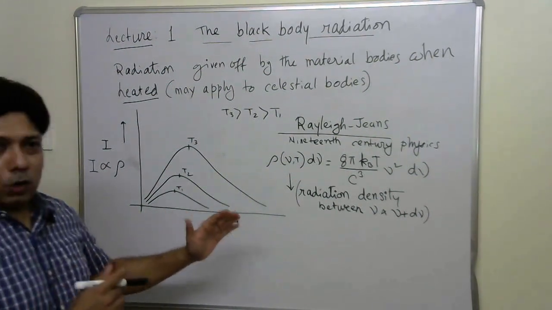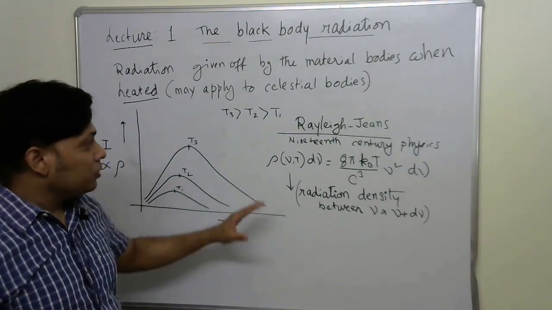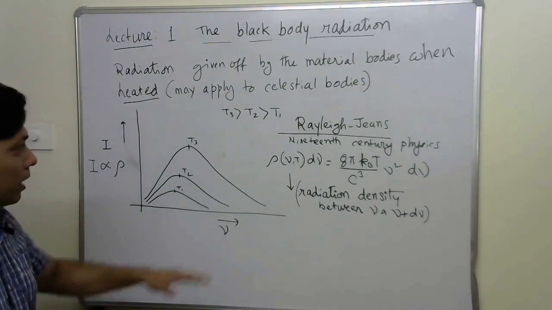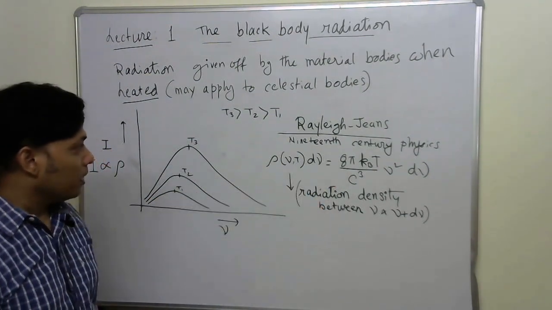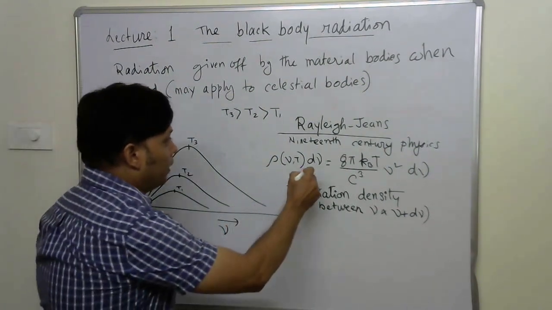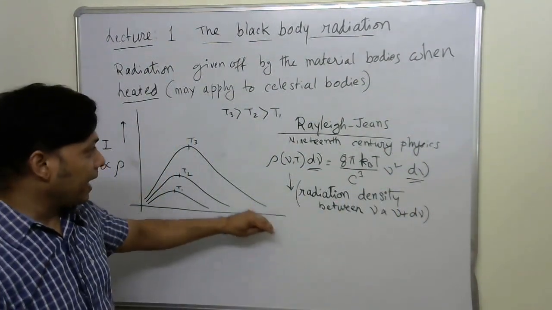Now let's take a look at how good the Rayleigh-Jeans theory was. In the 19th century Rayleigh-Jeans theory, if you look at the equation, the d nu part is common to both sides, so we can neglect that.